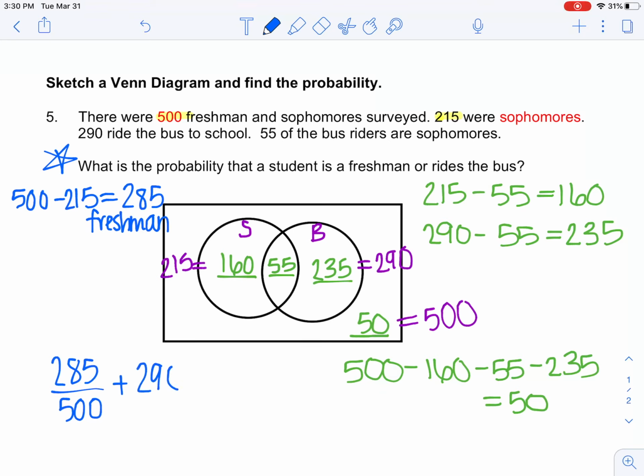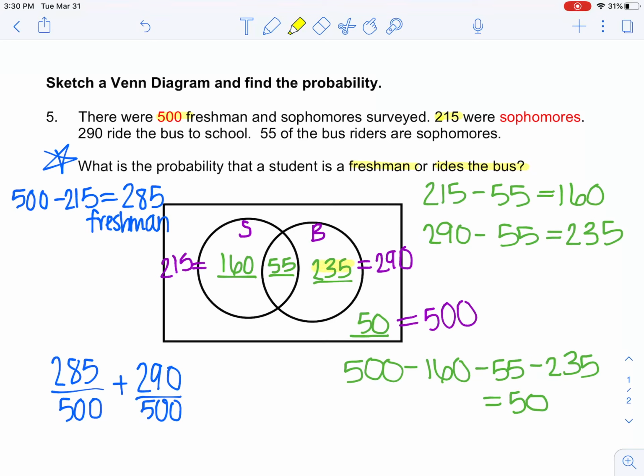We had 290 bus riders out of 500 students that were surveyed. And then we need to subtract our overlap. But remember, this time we're saying freshman and rides the bus. So we're not talking about the overlap between our sophomores and our bus riders.